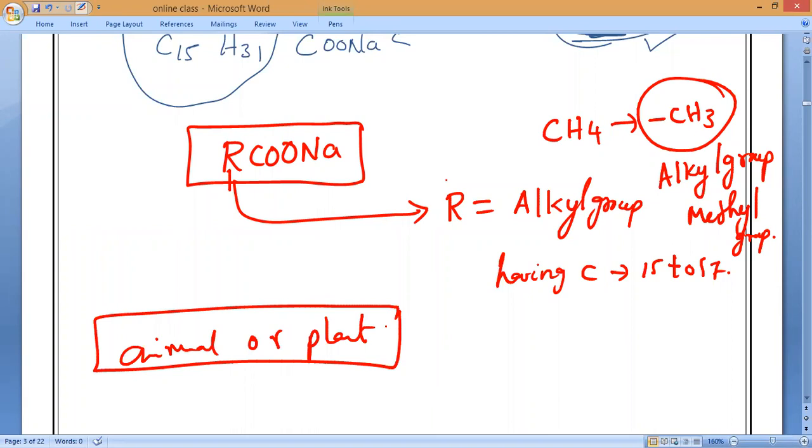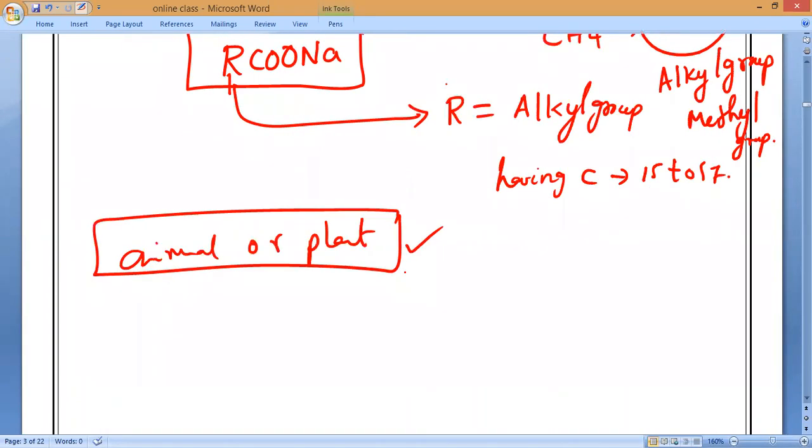So whenever I heat animal fat or plant-based fat with concentrated sodium hydroxide or potassium hydroxide, soap will come.